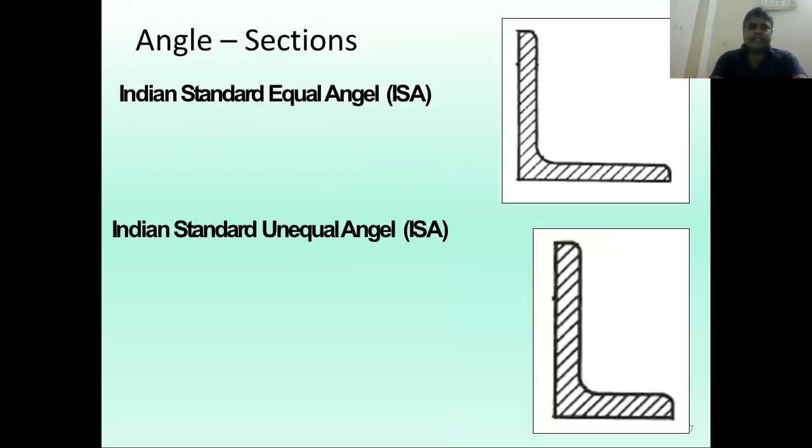Now, angle sections: Indian Standard Equal Angle section and Indian Standard Unequal Angle section. The first diagram is symmetrical and the second diagram denotes the unsymmetrical angle section. The analysis of a symmetrical section is very easy, but unsymmetrical analysis is tough.